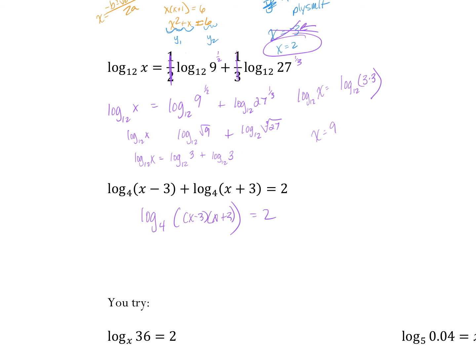Now what? There are two possible next steps. Both of them would be completely reasonable. Can we cancel out the log? No. That's a problem. How do we get rid of it then? I feel like since it's x minus 3 and x plus 3, we can do something there.